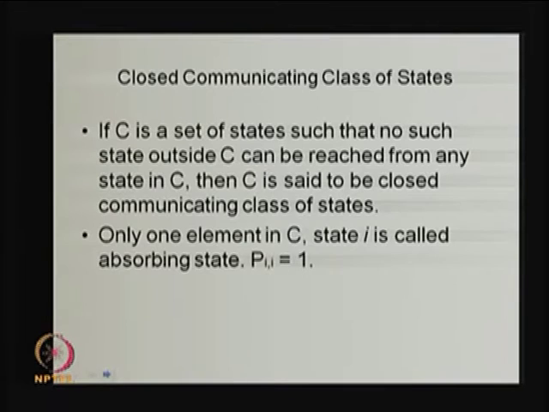And you know the definition of an absorbing state, that the one step transition probability P_ii is equal to 1. So, there are two ways you can have an absorbing state: either P_ii is equal to 1, or the closed communicating class has only one element.